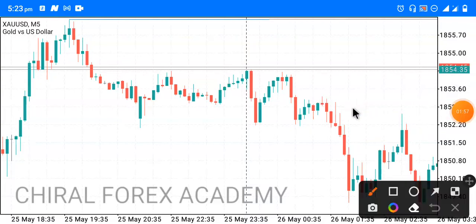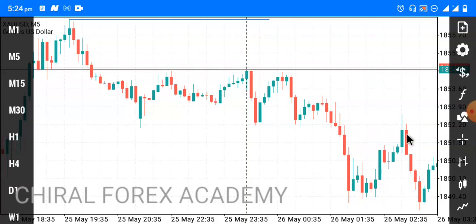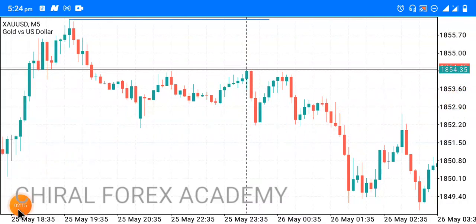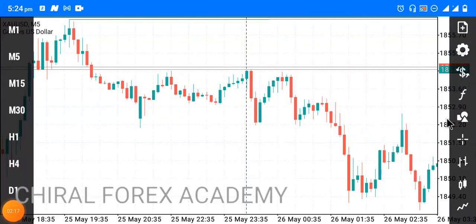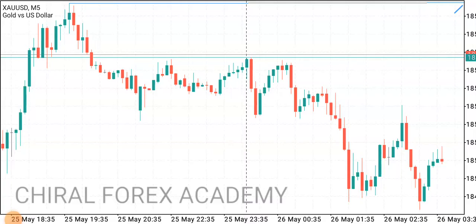Here's our order block, and you can see price came back and retraced into it.